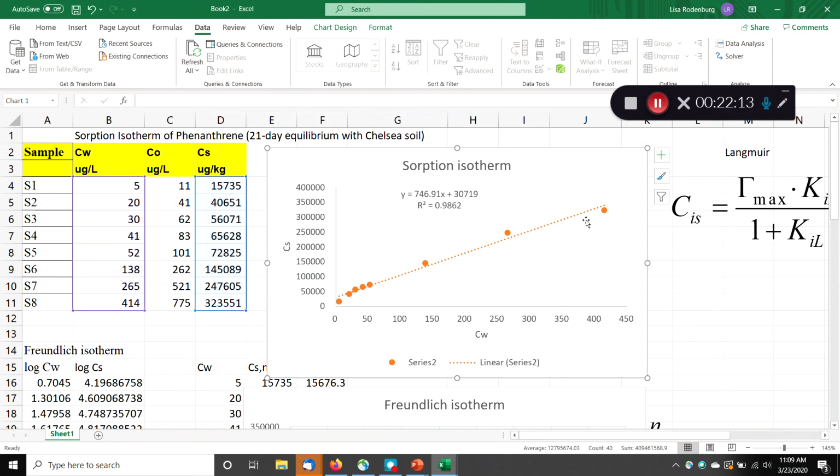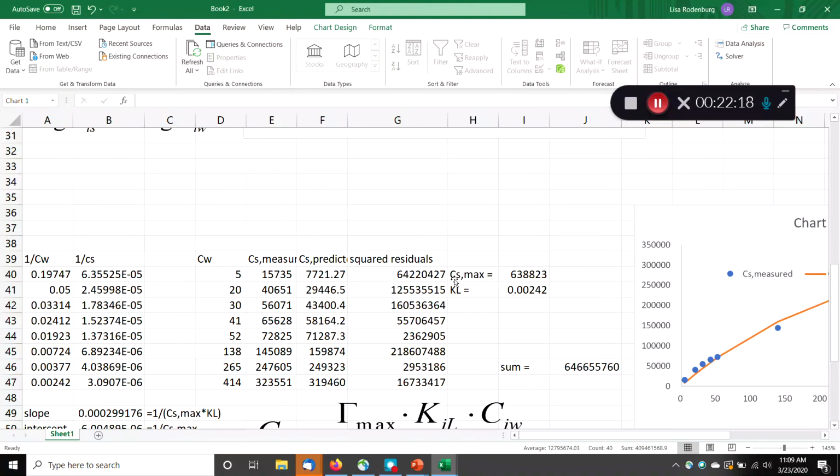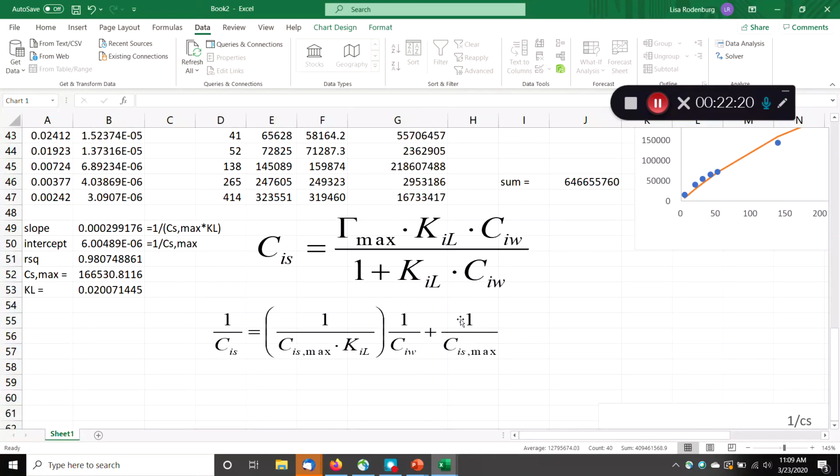And that is what is constraining the intercept, and the intercept is where you get CS max. So if you're doing a Langmuir isotherm, you have to continue your concentrations out until you get a level value of CS max, so that you can constrain your intercept properly. If you don't, you're going to get exactly what we got before, a really bad curve fit.